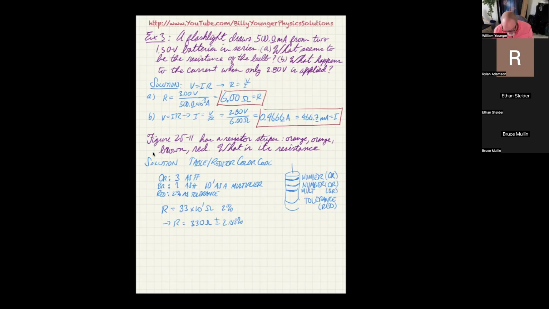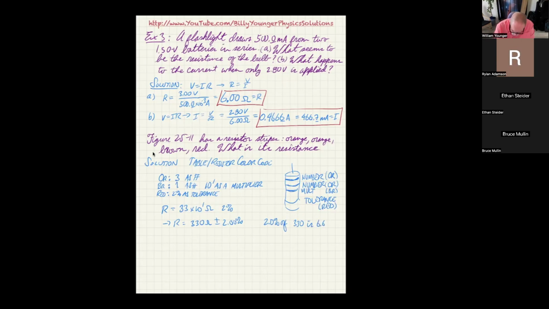2% of 330 is, actually, it's 6.6. Sorry about that. It is 6.6.